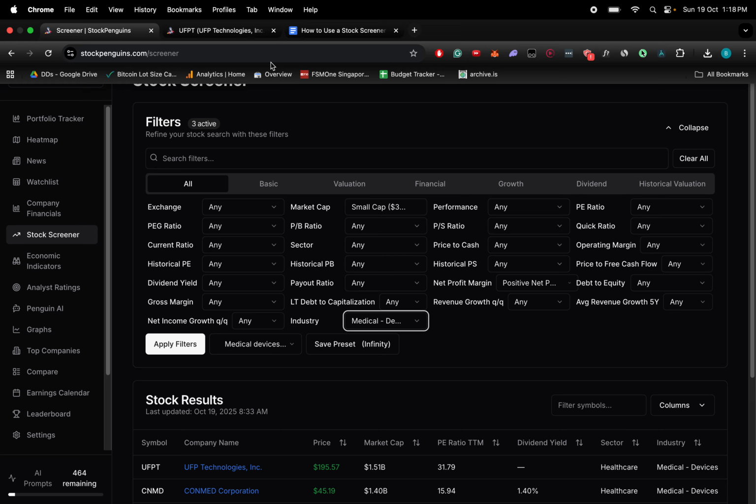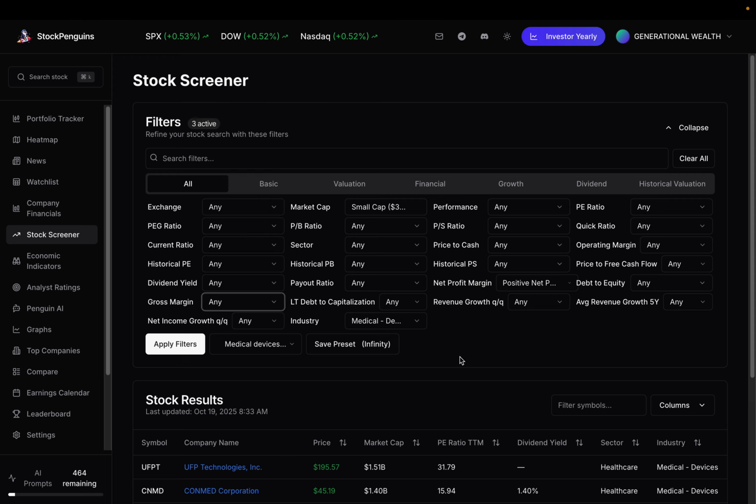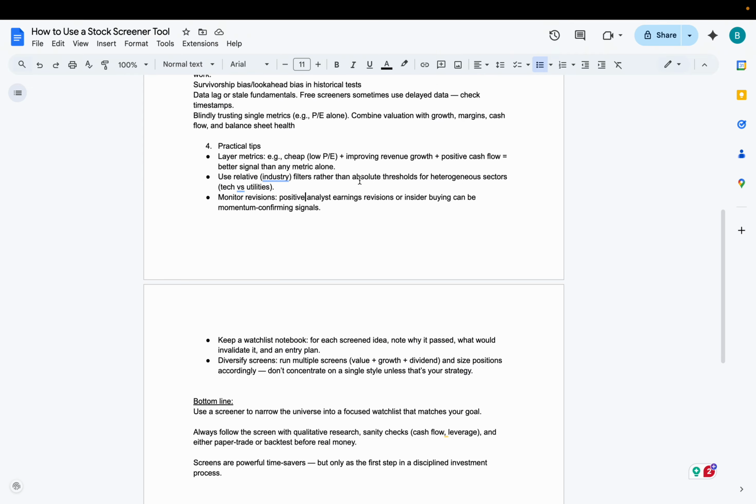One big example is the gross margins, right? You wouldn't see any company in the oil and gas industry with gross margins above 80%, which is still quite a common thing in the tech industry, right? So you should always compare apples to apples, use relative industry filters rather than an absolute basis.